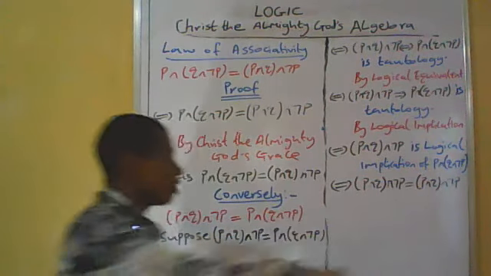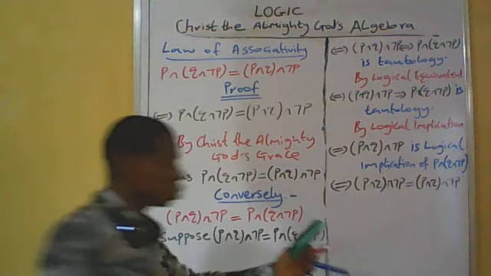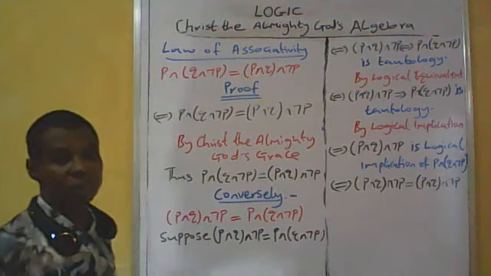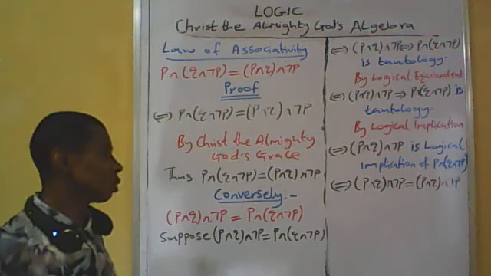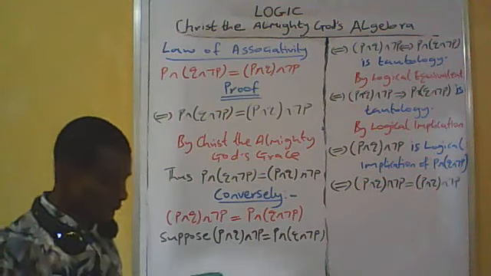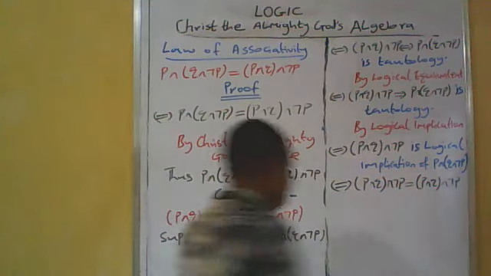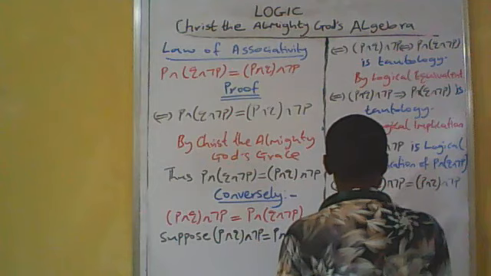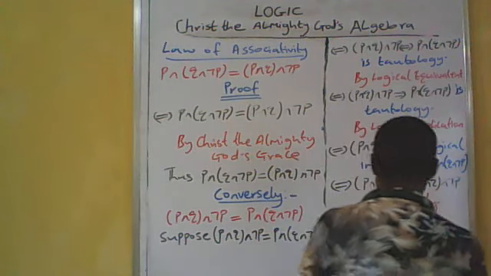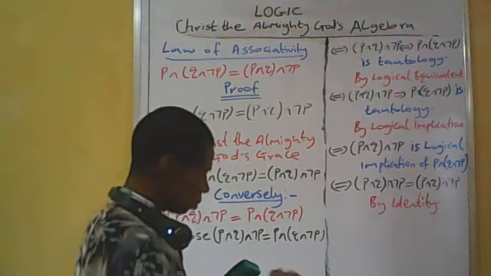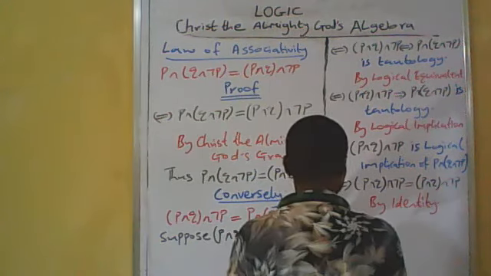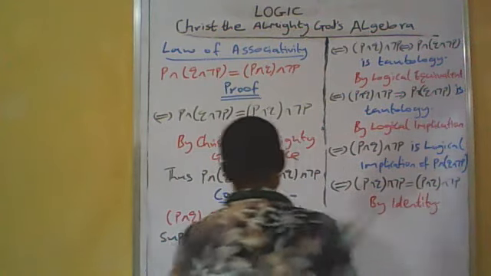In the same vein, whenever the right-hand equation is false, also the left-hand side equation is also false. We say it is logical equivalent. So it is true that logical implication is equal to itself, being justified by identity. If and only if, or let's continue to this side.